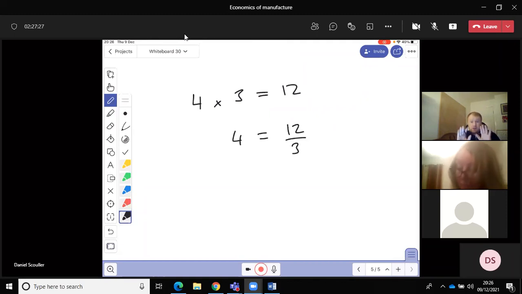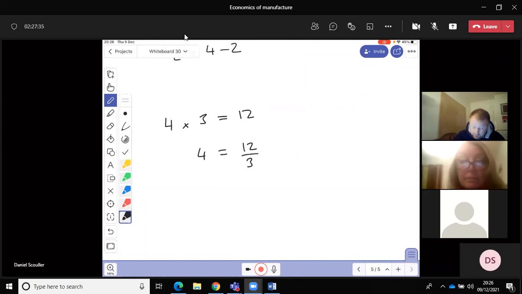That as an equation still makes sense. That left hand side still equals the right hand side. Okay. Likewise, we could organize it so the 4 moves across. Okay, same thing applies. Because it's a multiple, it moves over to the other side, it becomes a divide.